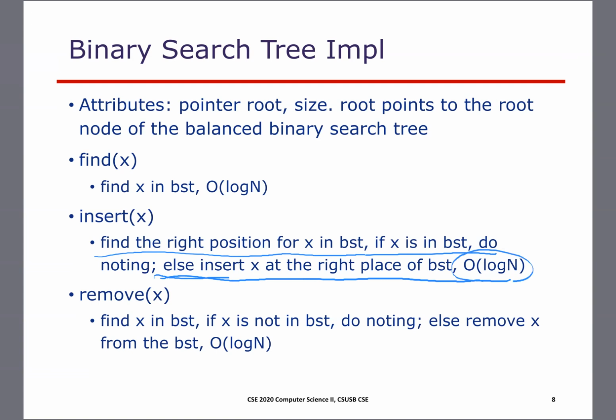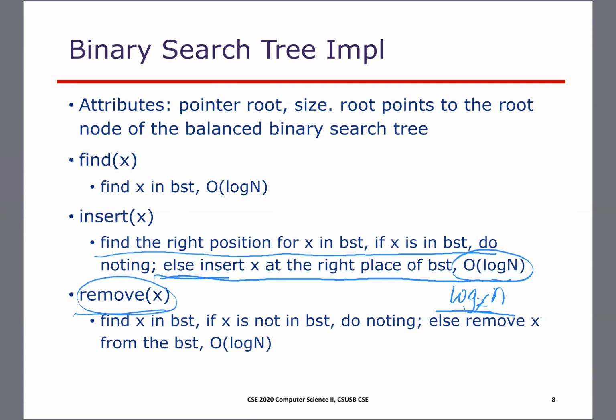This is big O log n. The worst case is we start from the root and insert x at the last level of the binary search tree. So we need log base 2 n comparisons, moving from the root to the last level of the tree. So this is big O log n. And since we're talking about big O, we can remove the constant, we can remove the base 2. It's big O log n.